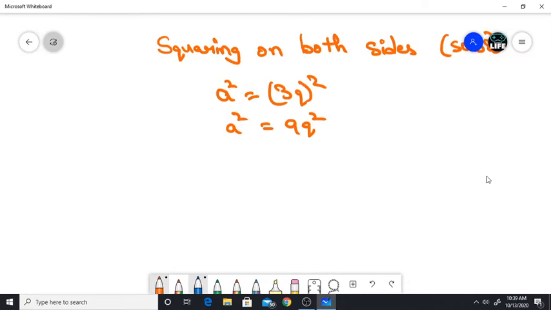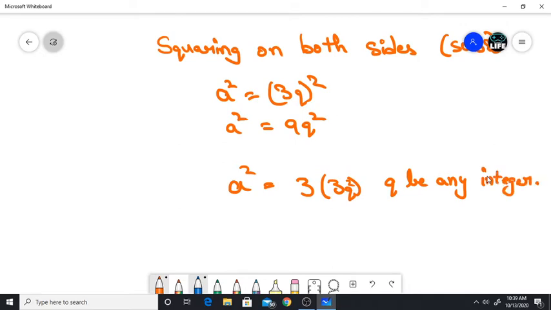So a square equals to 9q square, which can be written as 3 into 3q square, where q is any integer. Then a square equals to 3 into p.